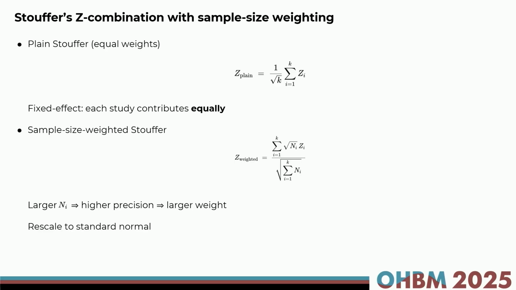For example, if we have study A with 64 participants and study B with 16 participants, if we take the square root of 64 and 16, we realize that we assign twice the weight to study A than study B. And the denominator, the square root of the sum of Ni, is used to rescale the whole expression to standard normal.